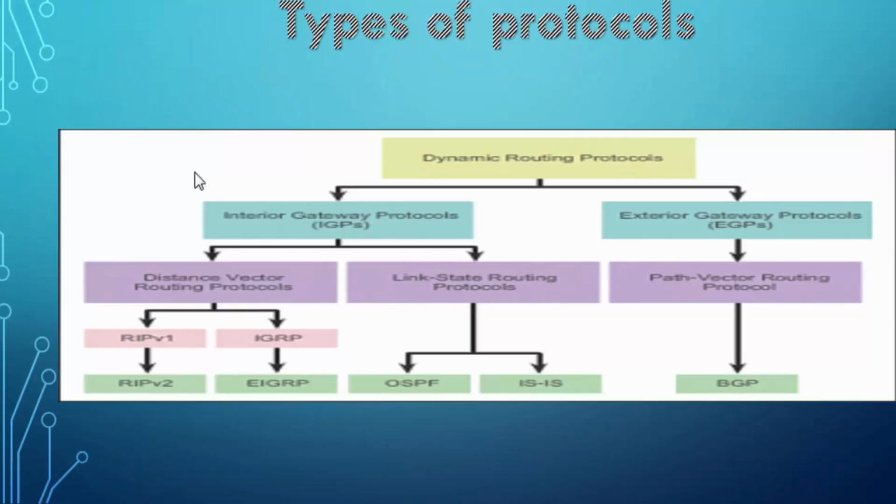We can see over here another way so people can understand the different IGPs and EGPs, the different distance vector, link state routing protocols and path vector routing protocols. Got it? Yes.